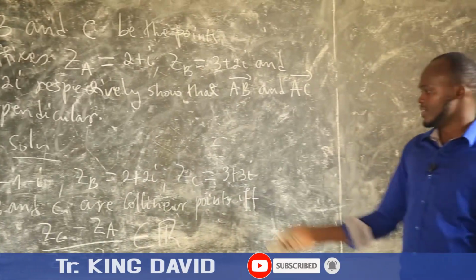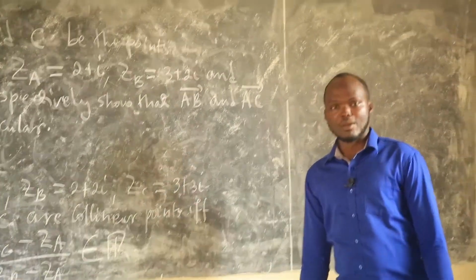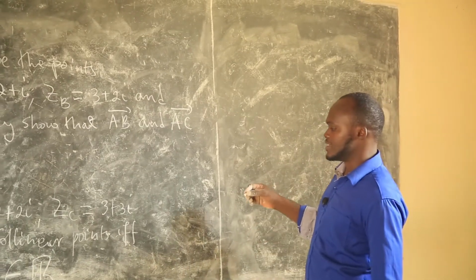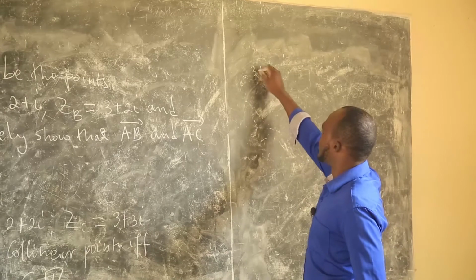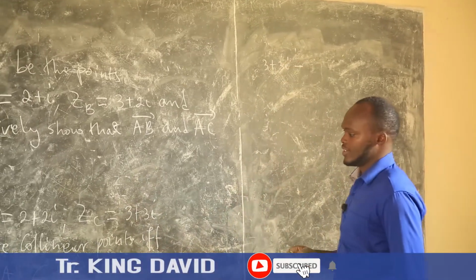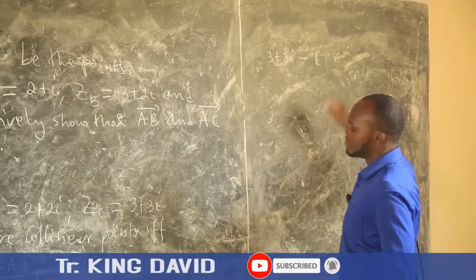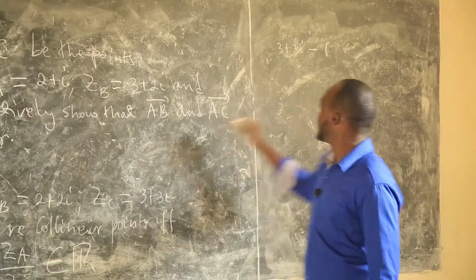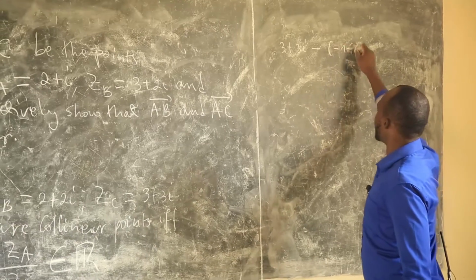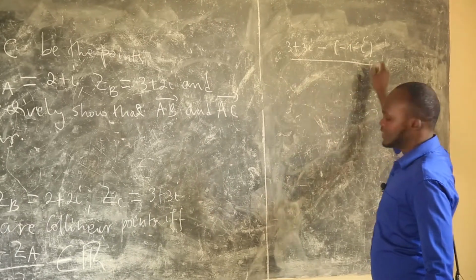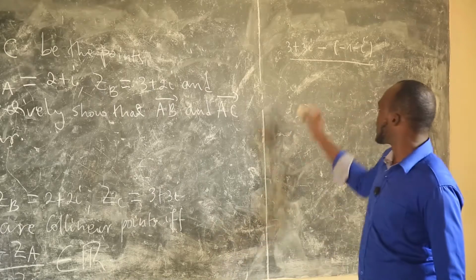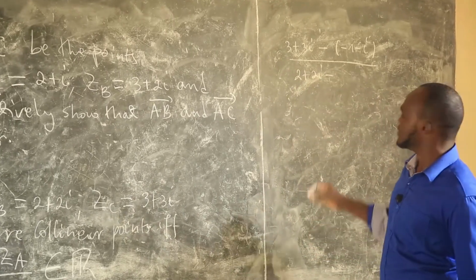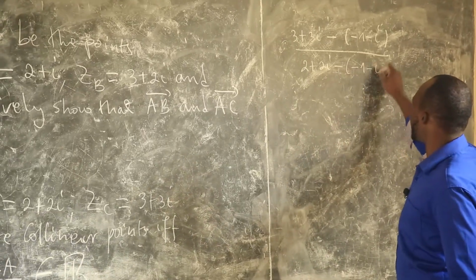Okay, let us try to see if that division is a member of real numbers. So what is ZC? 3 plus 3i minus, I have to put brackets here because you know that negative changes each and everything, ZA, which is negative 1 minus i, divided by ZB, which is 2 plus 2i, minus ZA, which is negative 1 minus i.